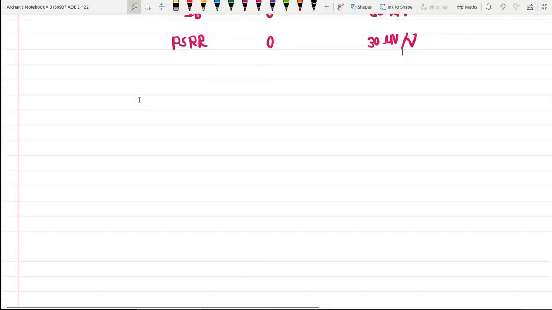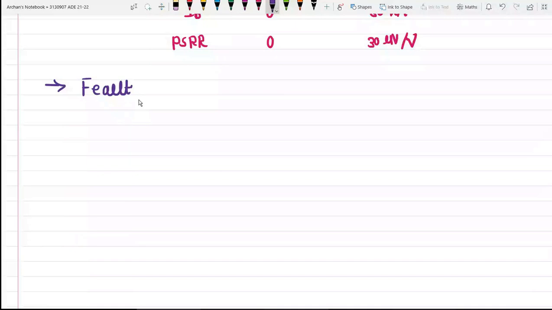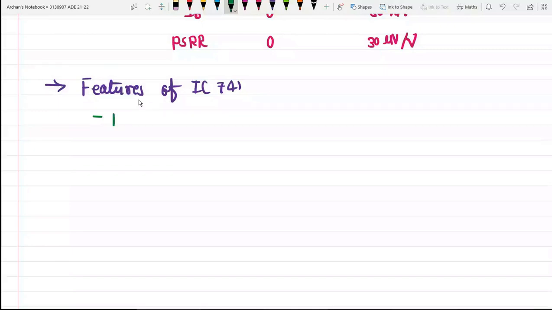Now let us talk about the features of IC741. Whenever we are using IC741, you will not require frequency compensation.